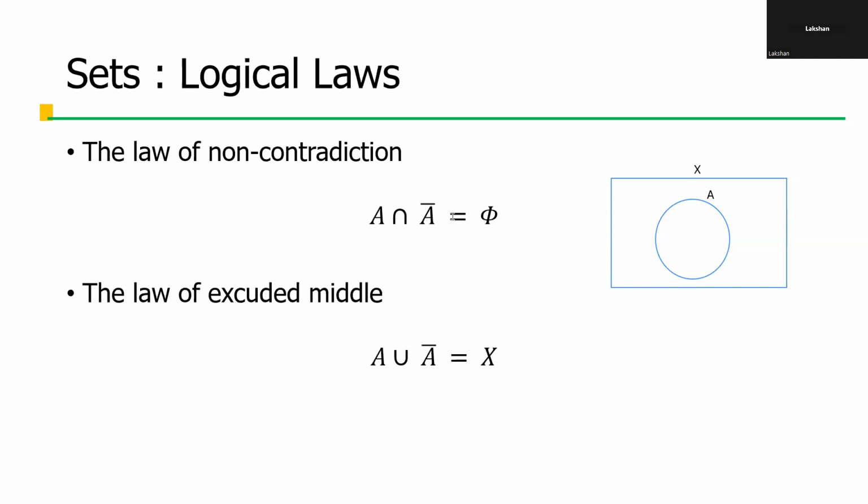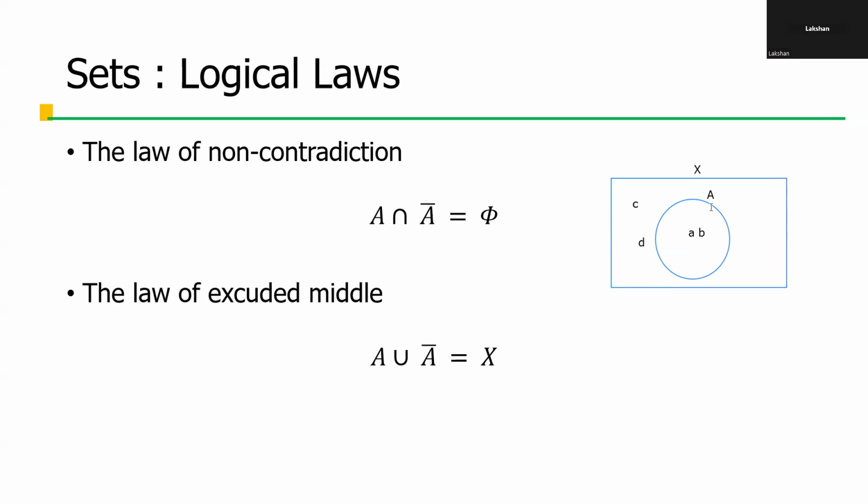We have A and A complement, that means outside of A. Some elements belong to A, and some elements belong to A complement, and we can say that the intersection of these two is the null set, or there are no elements there.